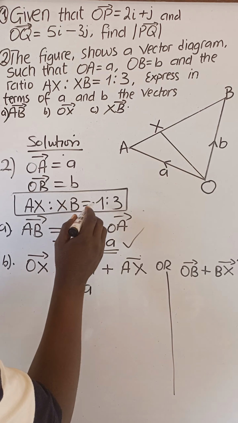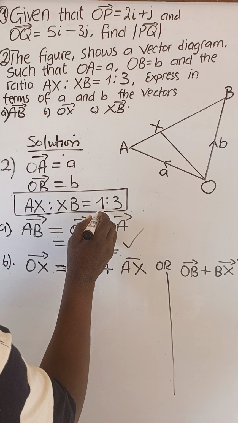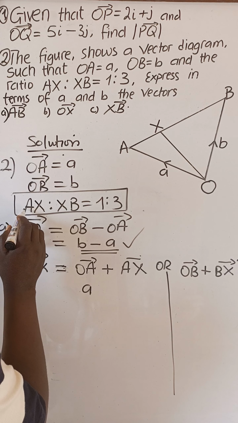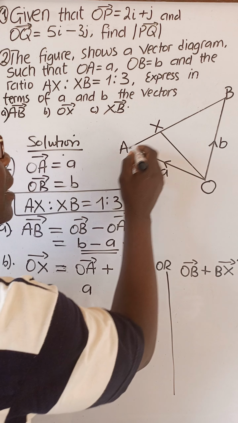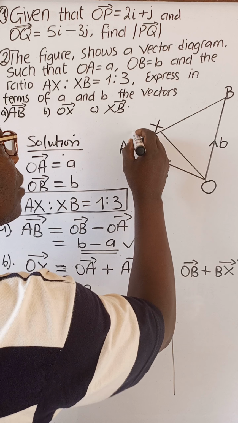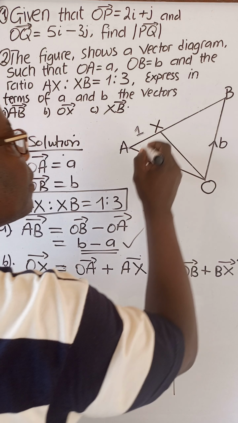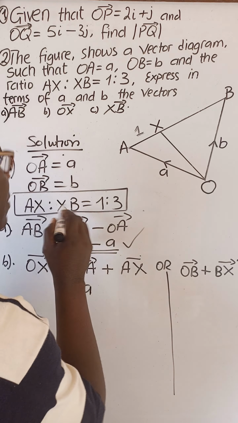That simply means that AX is one part of AB. We look at the extremes, the extreme left, extreme right. The whole line is AB. So AX is one part of AB, and XB is three parts of the same AB.